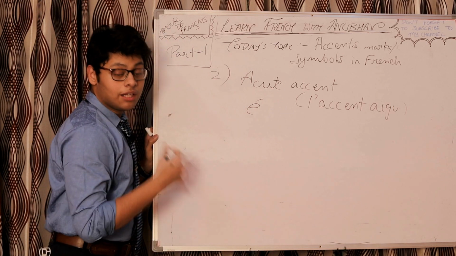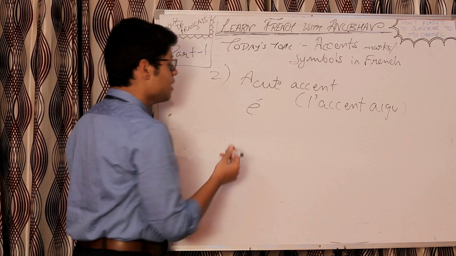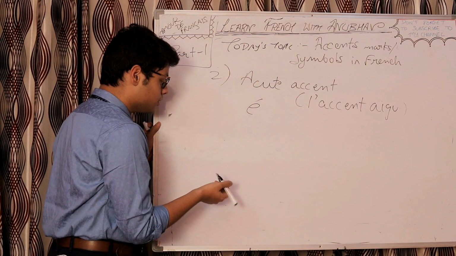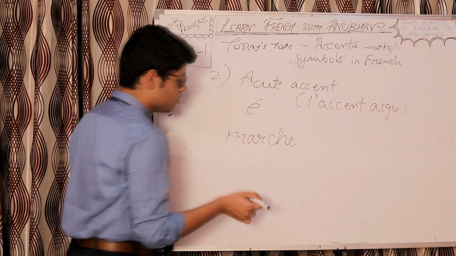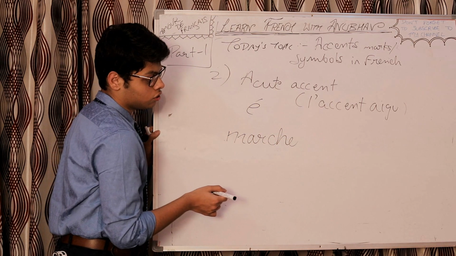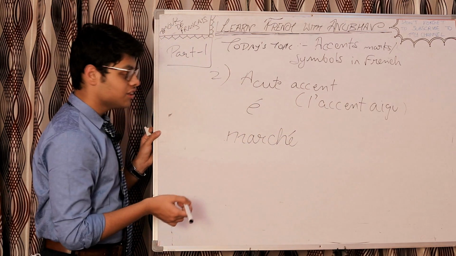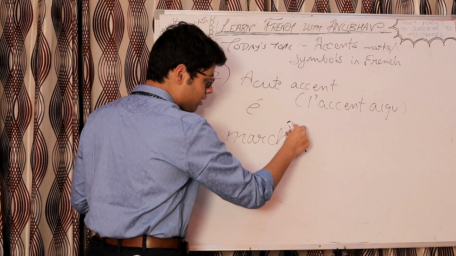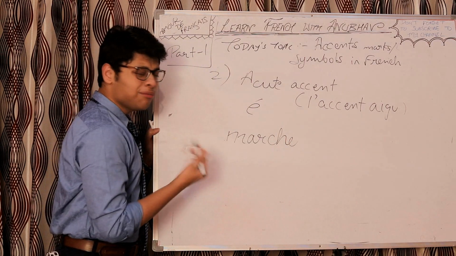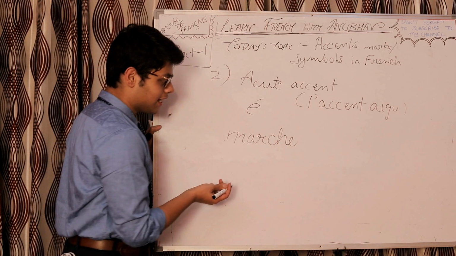Why above E? The purpose of accent aigu is to alter the pronunciation. Like, there are some words, if we take marche, that's the difference. If this accent wouldn't have been here, it would be marche, and I don't think that would mean anything.